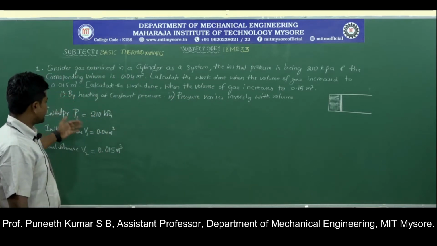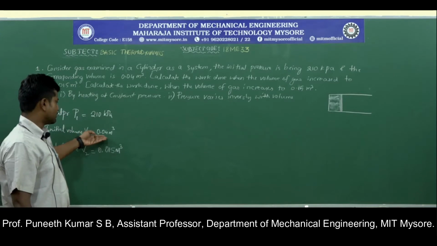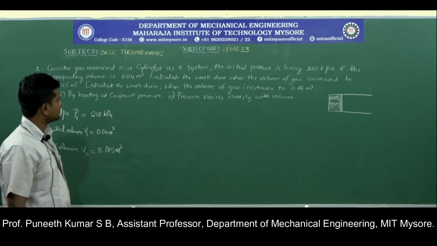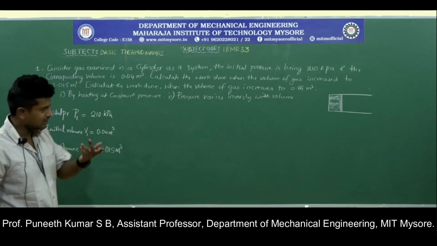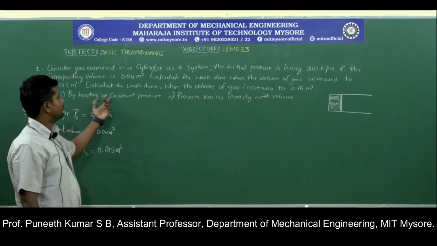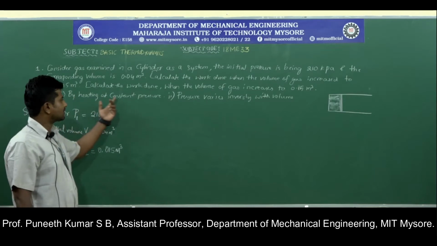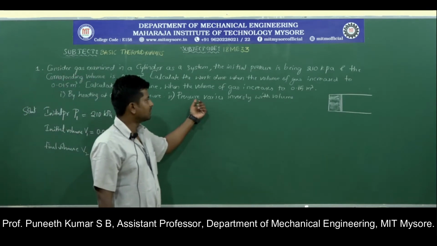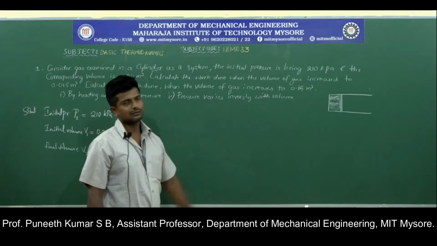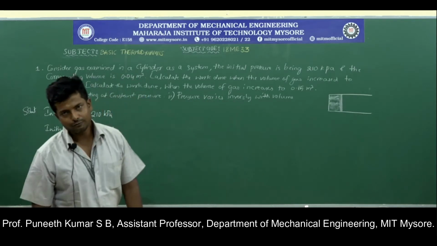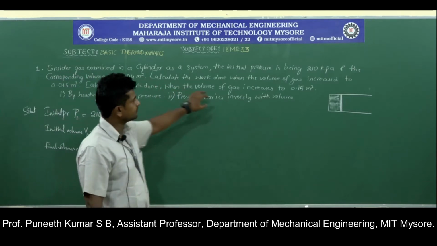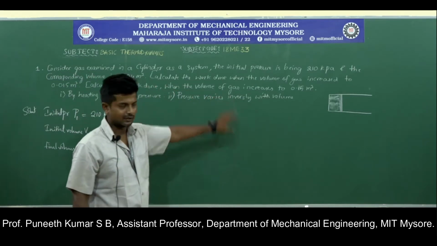When the volume changes from 0.04 to 0.015 in two different ways: the first is heating at constant pressure, the second is when pressure varies inversely with volume. The amount of work output in these two cases will be different.